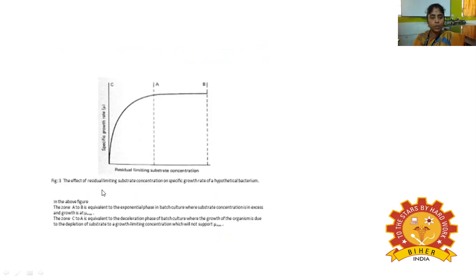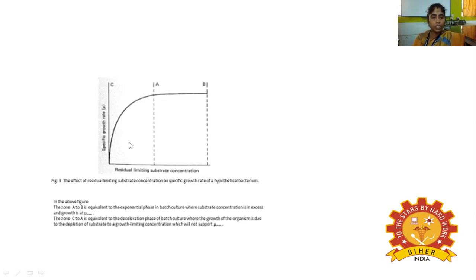So this zone from A to B is the exponential phase in the batch culture, where the substrate concentration is directly proportional to nu. The value from this intersection will give you the value of nu.